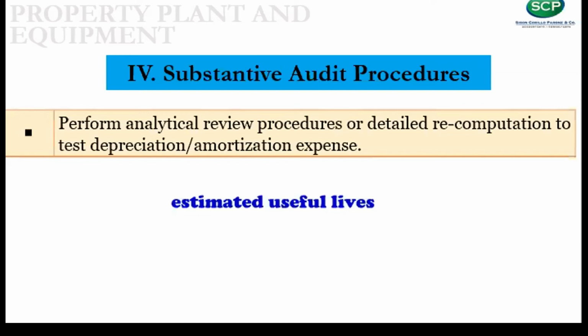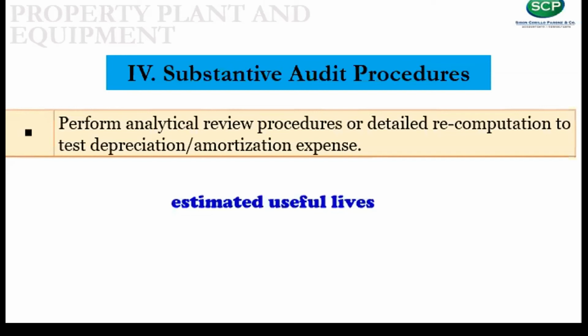For example, if a client uses 10 years to depreciate a laptop, the auditor should challenge and discuss the reasonableness of such useful life because in practice and compared to other companies, a laptop is usually given a life of between 3 to 5 years only, with 5 years already considered a stretch due to fast changes in technology.